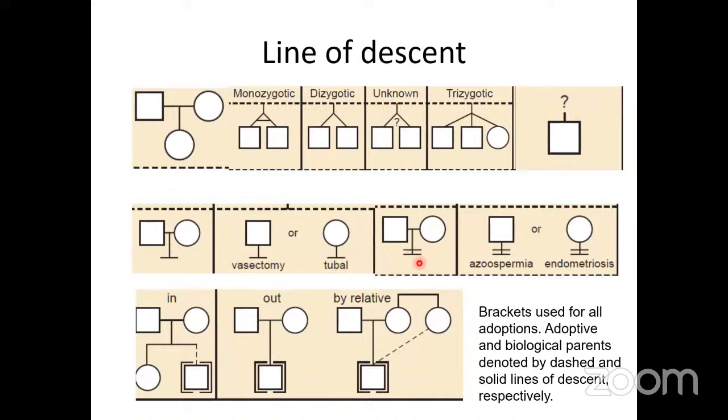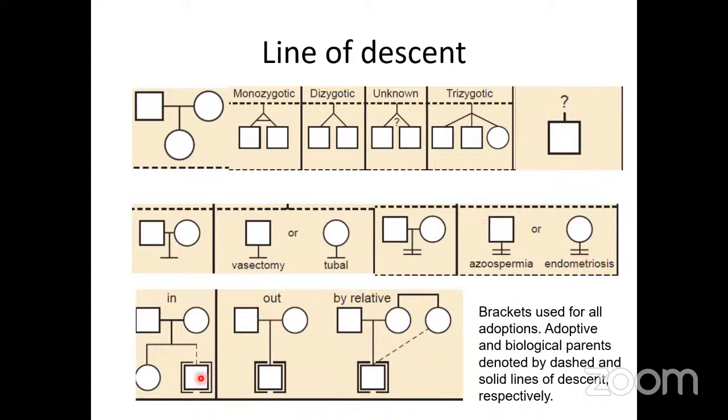If there is infertility, then we should always write two horizontal lines below the line of descent. If this is due to azoospermia in the husband, it's two lines below the line of descent below the husband. If it is due to some cause in the female, endometriosis or something, then it's below the circle.